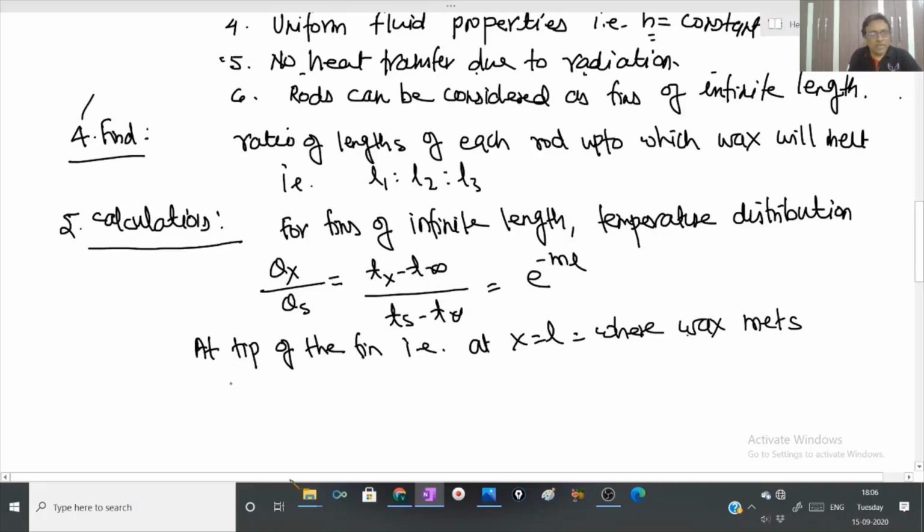So how can I write this? Theta L over theta S is equal to TL minus T infinity over Ts minus T infinity is equal to e to power minus ml. This will be e to power minus mx.